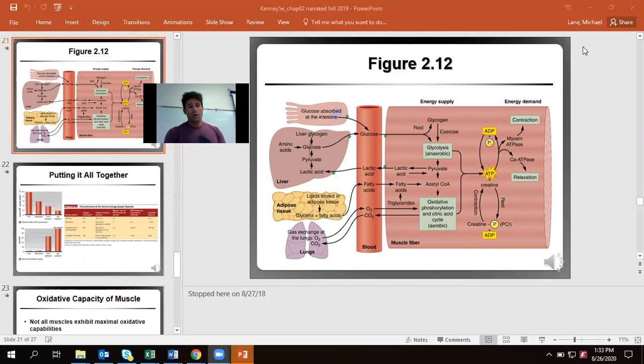Braden, great point. Oxygen is a limiting factor. So if we can increase the amount of capillaries and increase the amount of oxygen being delivered to each cell, we're going to be able to do a better job of using those aerobic systems.